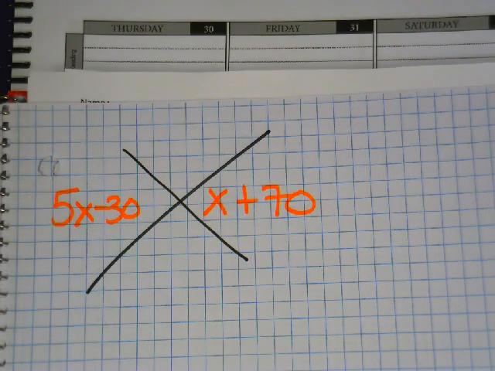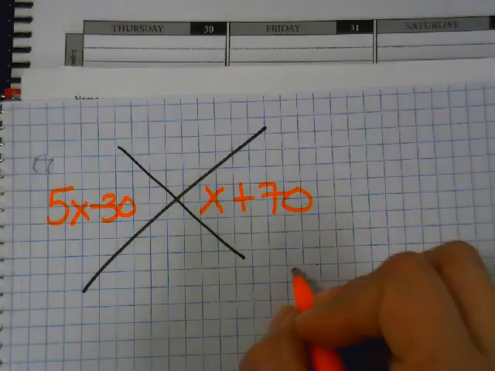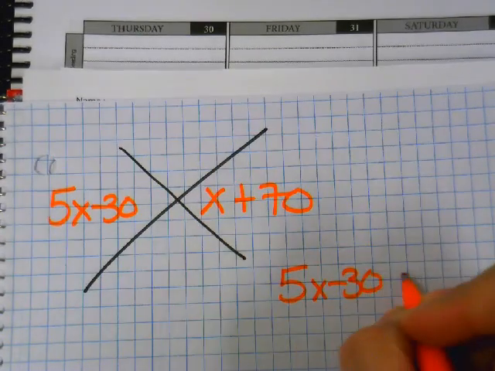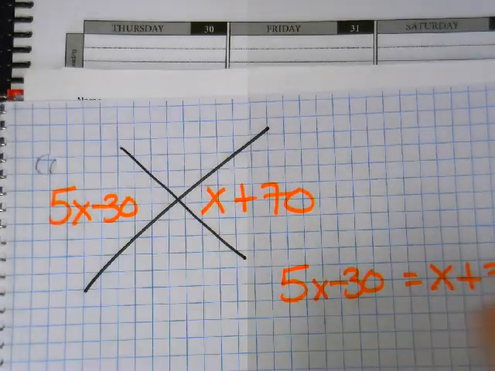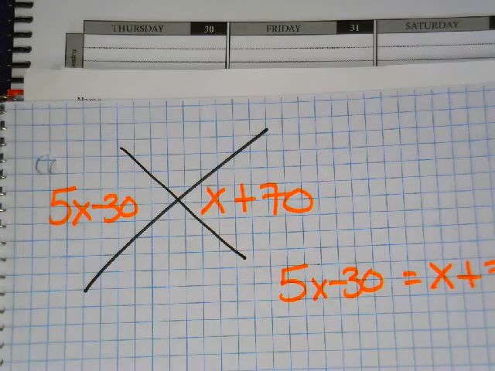Okay, what math problem did you write down? 5x minus 30 equals x plus 70. Very good. Okay, that's how you set up this problem.